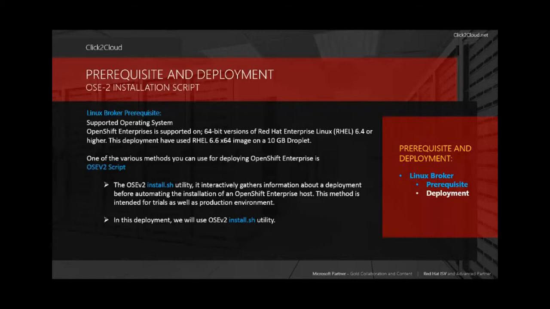Now that we saw DNS configuration and system requirements, let's discuss prerequisites. For Linux Broker, the supported operating system is the 64-bit version of Red Hat Enterprise Linux 6.4 or higher. For this demonstration, we are using a Red Hat Enterprise Linux 6.6 base 64 image on a 10 GB droplet. There are various methods for deploying OpenShift Enterprise, but for this demonstration, we'll be using the OSE v2 installation script.